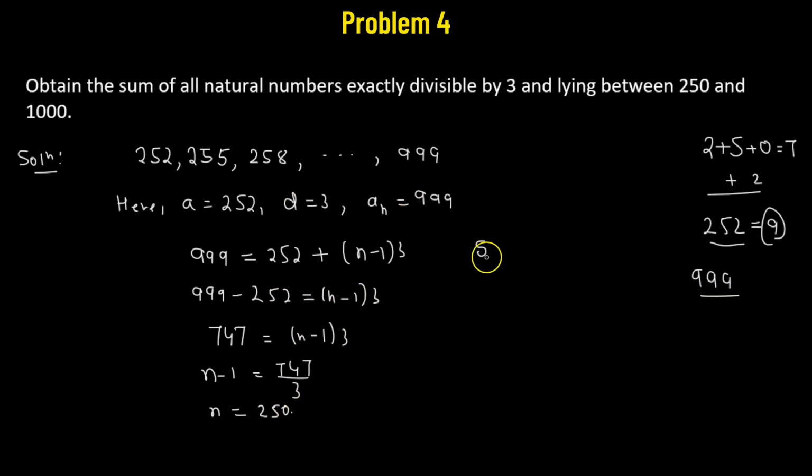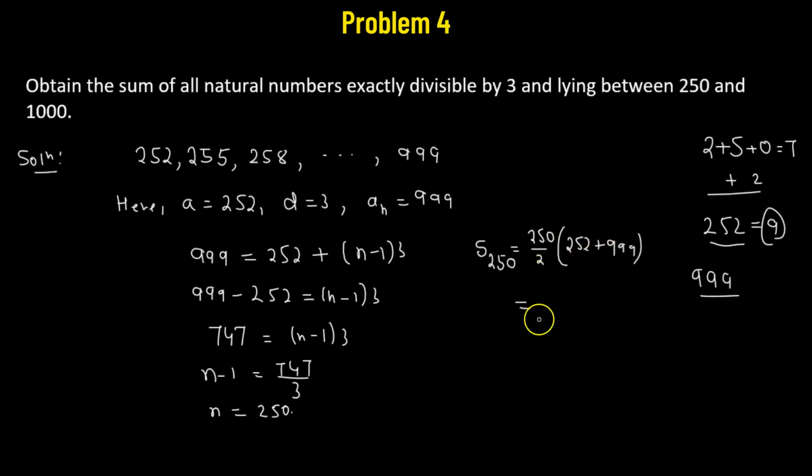Our task will be to find the sum of all these numbers, so the sum of the 250 terms. This is simply equal to 250 divided by 2, multiplied by the first term added to the last term.